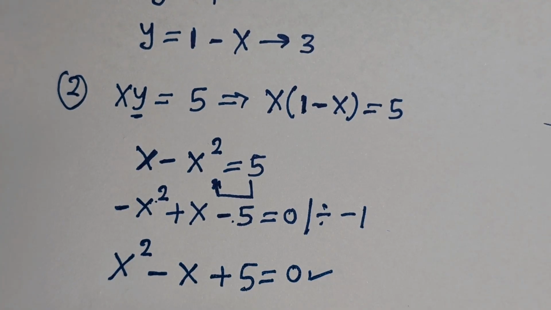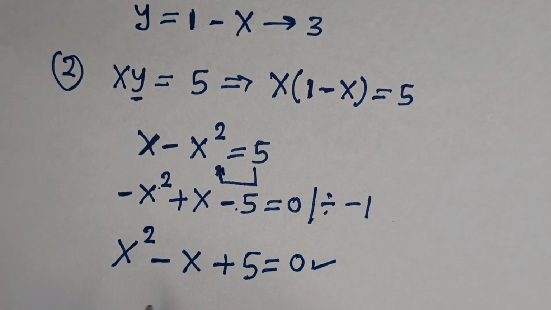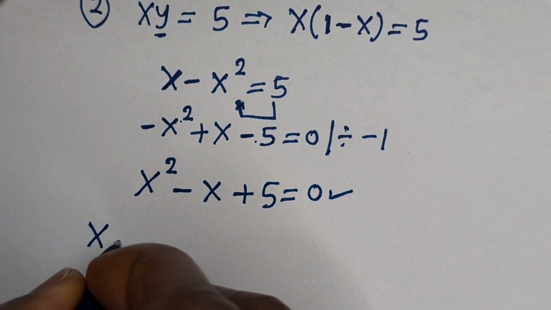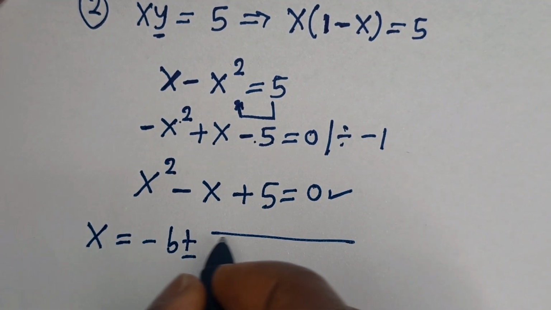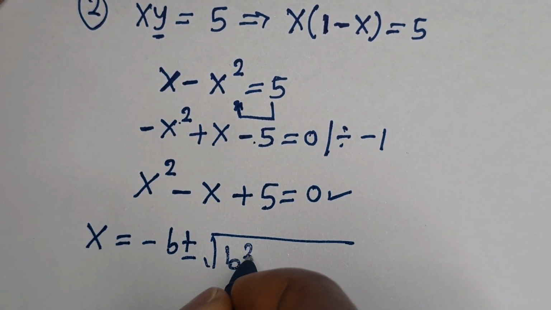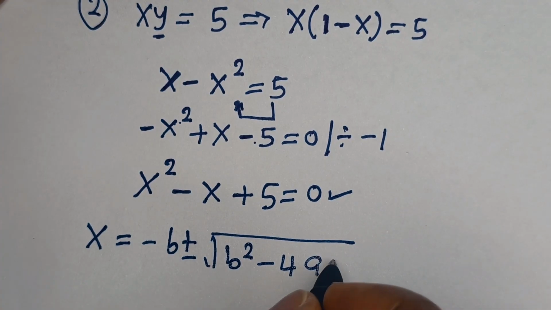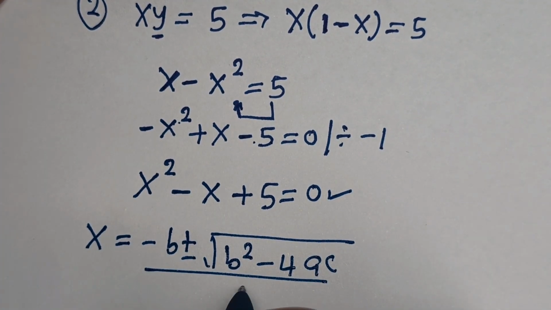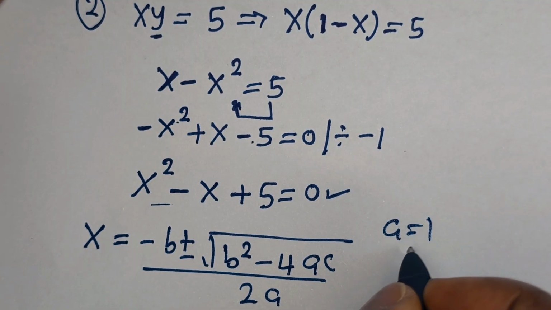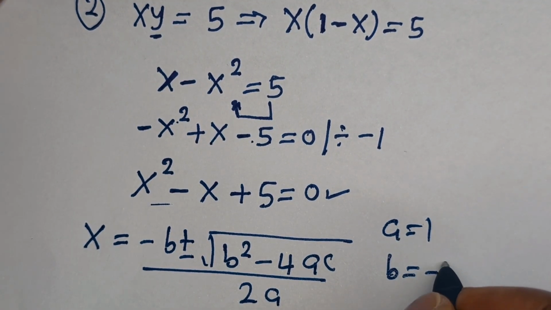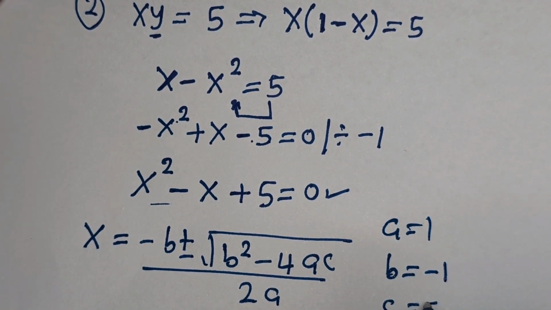This is a quadratic equation which can be solved using the quadratic general formula. s is equal to minus b plus or minus square root of b squared minus 4ac over 2a. From this equation, a is equal to 1, b is equal to minus 1, c is equal to 5.